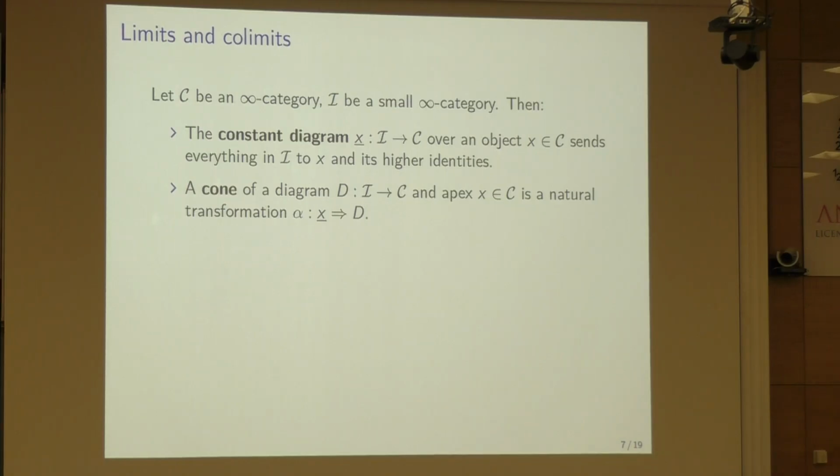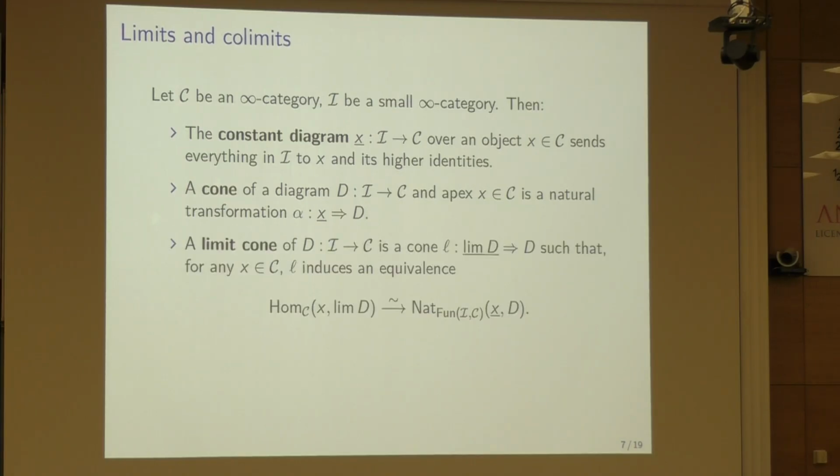This definition always holds, and then we can define a limit cone of our diagram D as basically a cone from an object which we will call the limit of D, such that it has the expected natural property, which is that any natural transformation from here to here, for any object, which are basically any cone of D, needs to have a morphism from X to the limit.